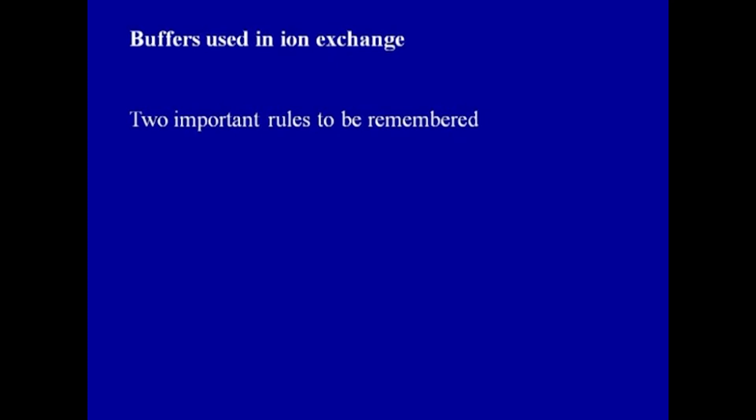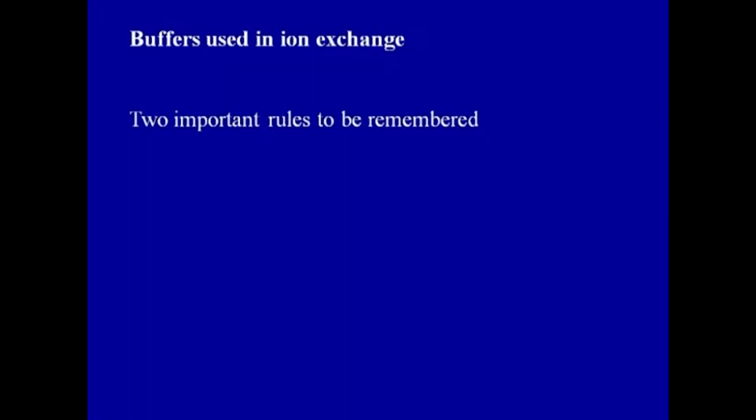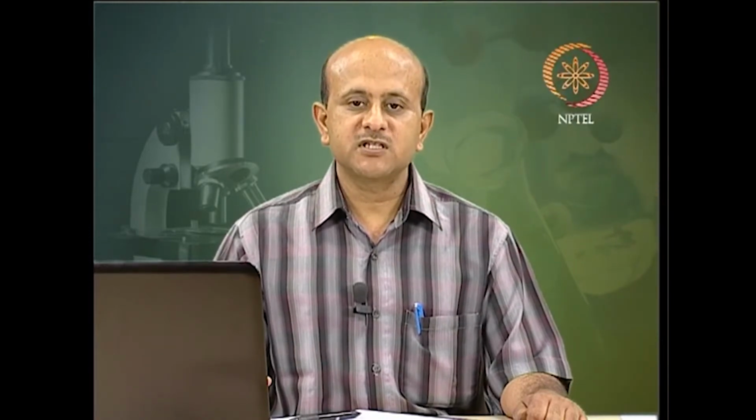Now, regarding buffers used in ion exchange chromatography, again you have to be careful here for successful ion exchange chromatography. In ion exchange chromatography, buffers are chosen in order to minimize pH fluctuations and maximize the adsorbent capacity. Now, two important rules have to be taken care of. One is that the charged form of the buffer should not interfere with the ion exchange process, and we will discuss that.